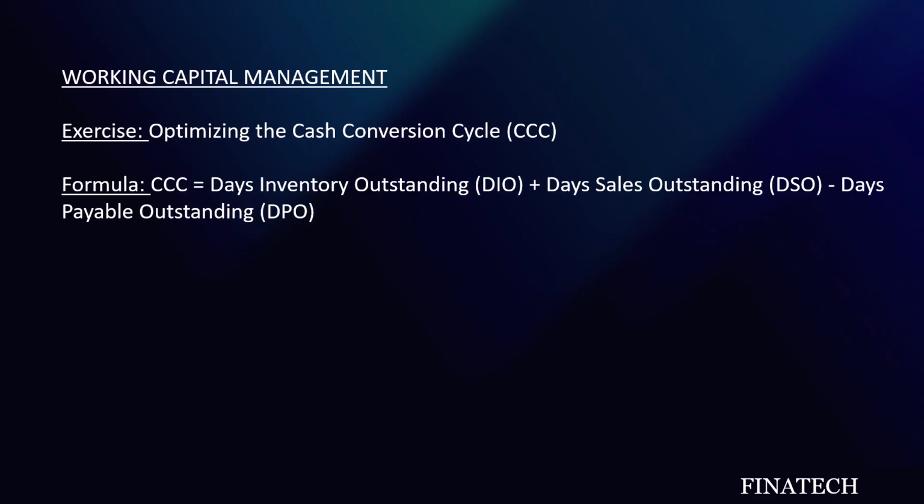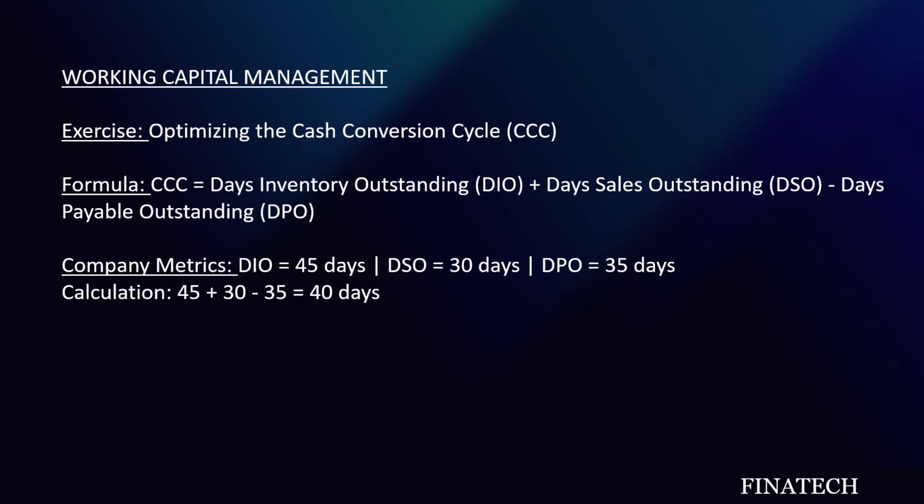This is the formula. CCC equals days inventory outstanding, DIO, plus days sales outstanding, DSO, minus days payable outstanding, DPO.